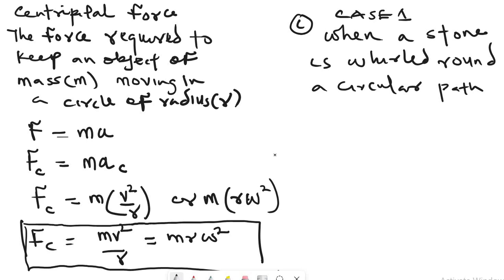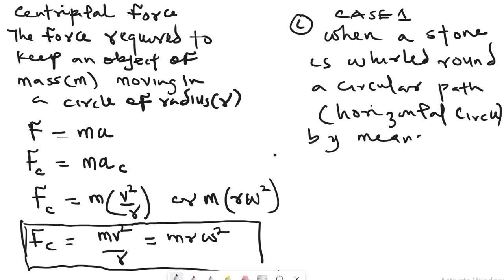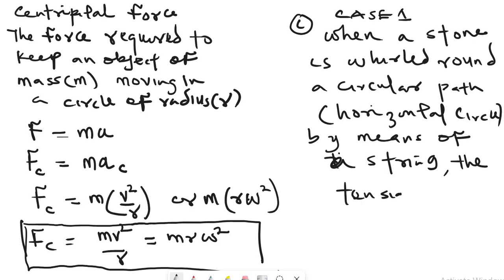When the stone is whirled round a circular path, a horizontal circle to be precise, by means of a string, the tension provides the centripetal force.